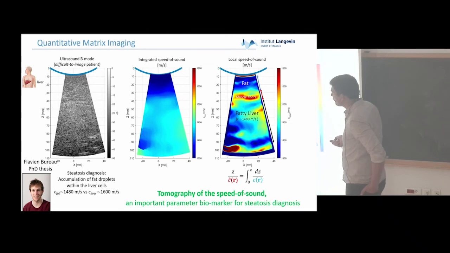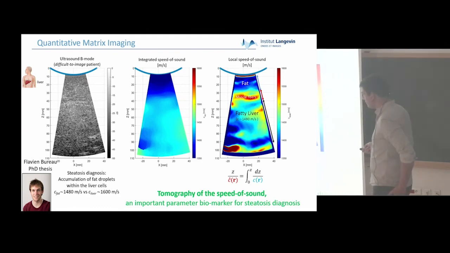It's very important to measure the wave velocity in the liver because you can detect a particular disease, steatosis, which is an accumulation of fat droplets inside the liver. And when you are sick, you have a wave velocity in the liver which is weaker than what is expected.